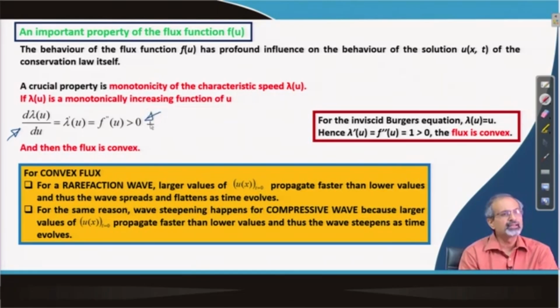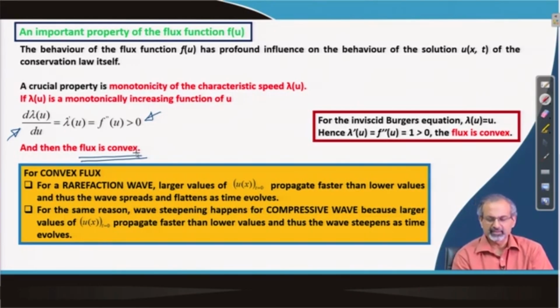If that is the case, then the flux f is defined to be a convex flux. What happens in the case of a convex flux, we will discuss later in this yellow highlighted portion.